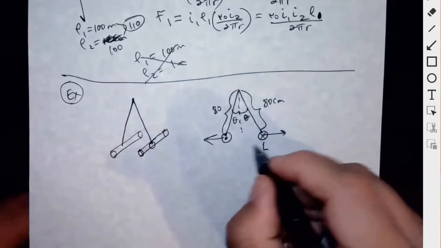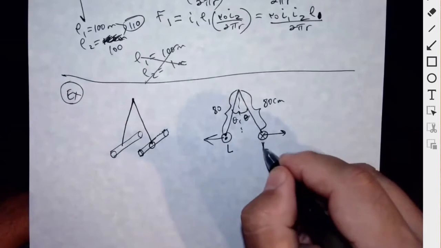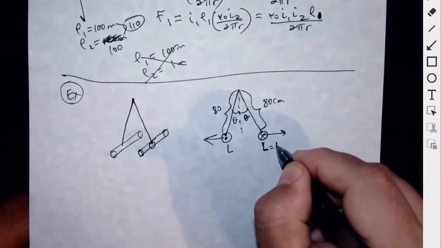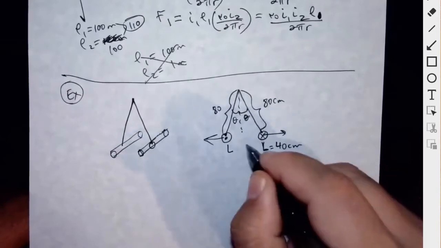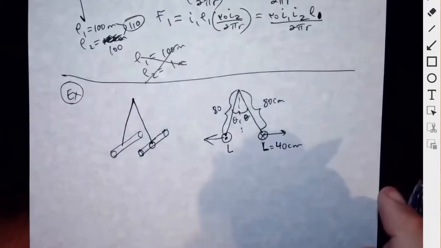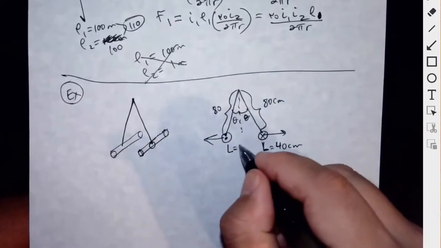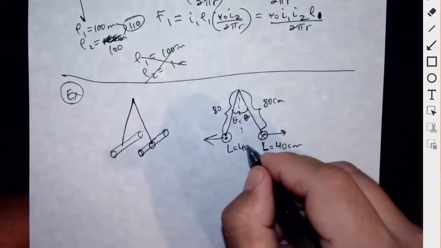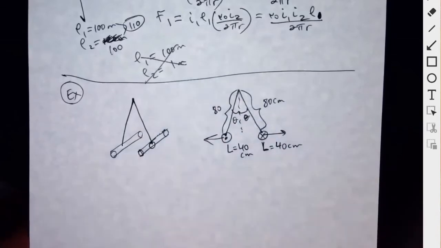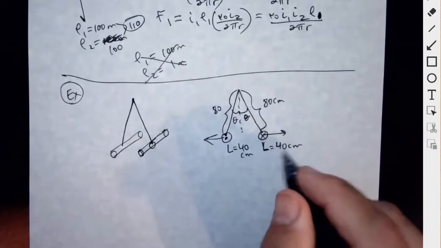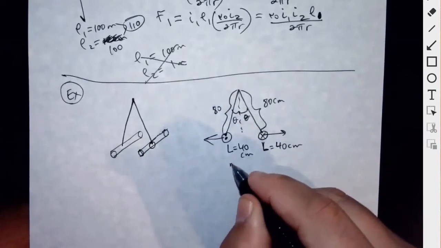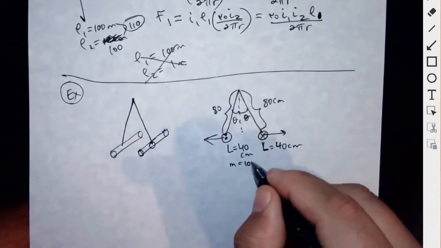Let's say each wire is the same length, of course. Let's say 40 centimeters. It could be rods too. They don't necessarily have to be wires. Rods, 40 centimeters. Okay, and then we have to give it some mass. Mass, let's say 100 grams each.